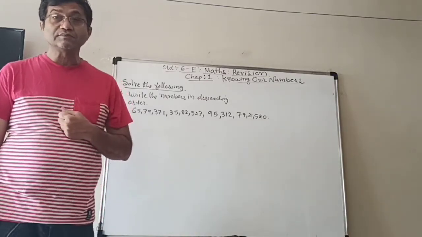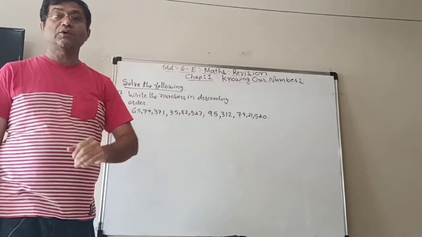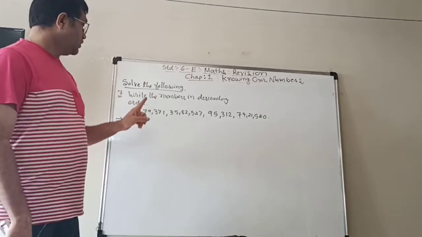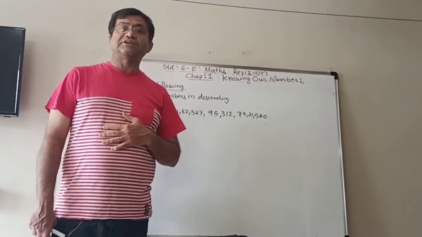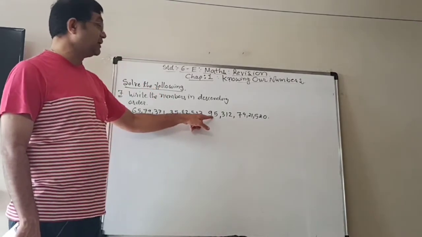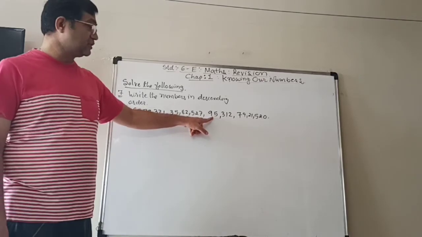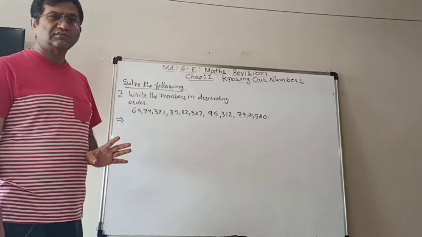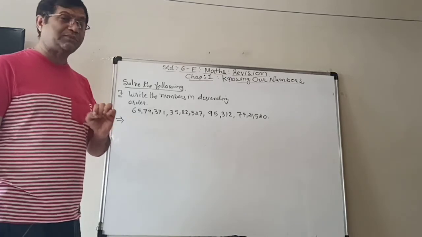Descending order means from greater to smaller. Sometimes what students do is they see only the first digit. 6, 3, 9. Yeah, 9 is there, so it will be the biggest number. Then they don't look again. But first of all, you have to count the number of digits.